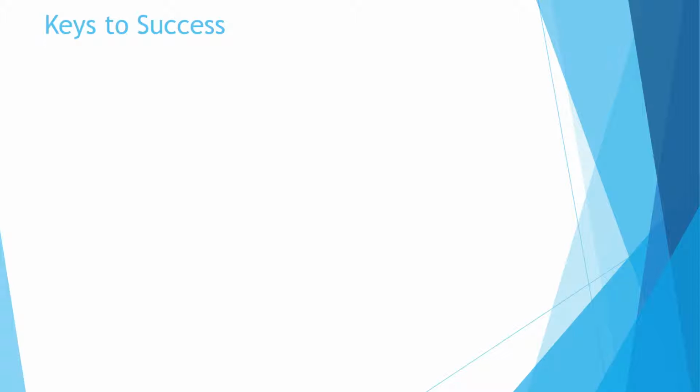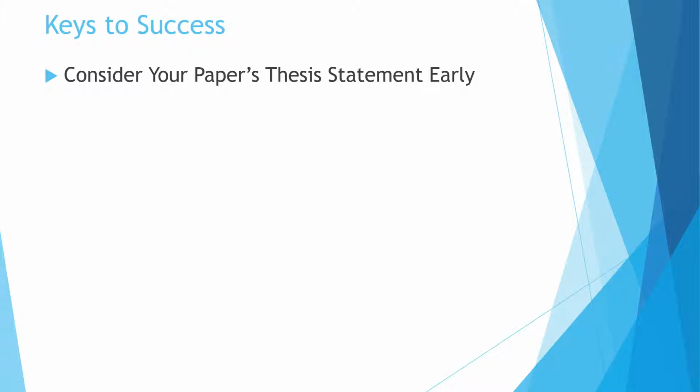Okay, so the keys to success. As you're thinking about your week 7 paper, I would advise you to think about your thesis statement early, because it'll help you organize the literature to support that particular statement. So, as I've advised many of you, you want to start out by saying, well, this paper will show.